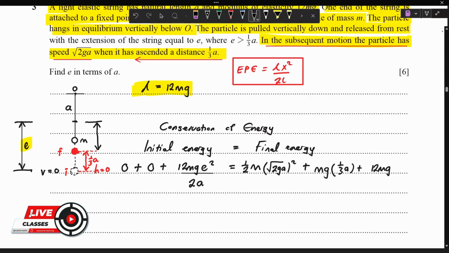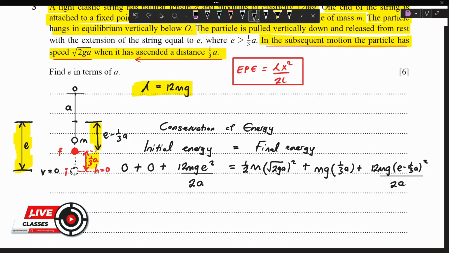So that's basically E minus a third A. Remember, E is the whole extension down to I. So for this little one, we'll say that's E minus a third A. So that's going to be E minus a third A squared over 2 times the natural length 2A. What do you think of that? Do you get that? Yes, sir.